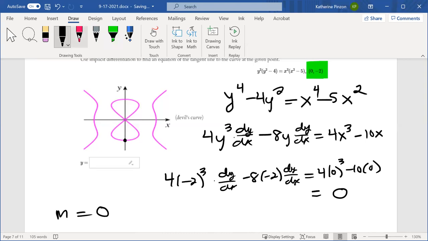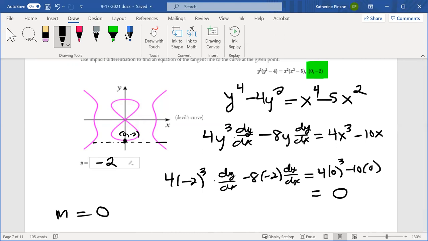If I'm at this point, what does the tangent line look like? A horizontal line, which has a slope of 0. This point is (0, -2), so the y-intercept is -2. y equals -2. Done. You don't have to do any calculus. Well, you have to know that that's what it means for the calculus.